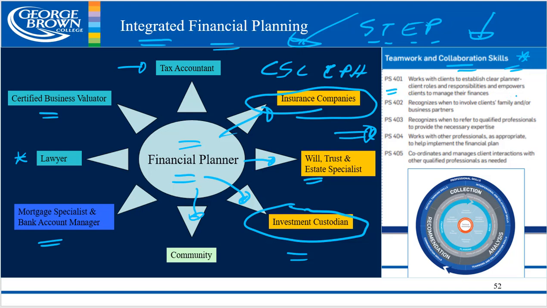Professional skill 401 works with clients to establish clear planner-client roles and responsibilities and empowers clients to manage their finances. 402 is recognizing when to involve clients' family and or business partners. 403 recognizes when to refer to qualified professionals to provide necessary expertise.